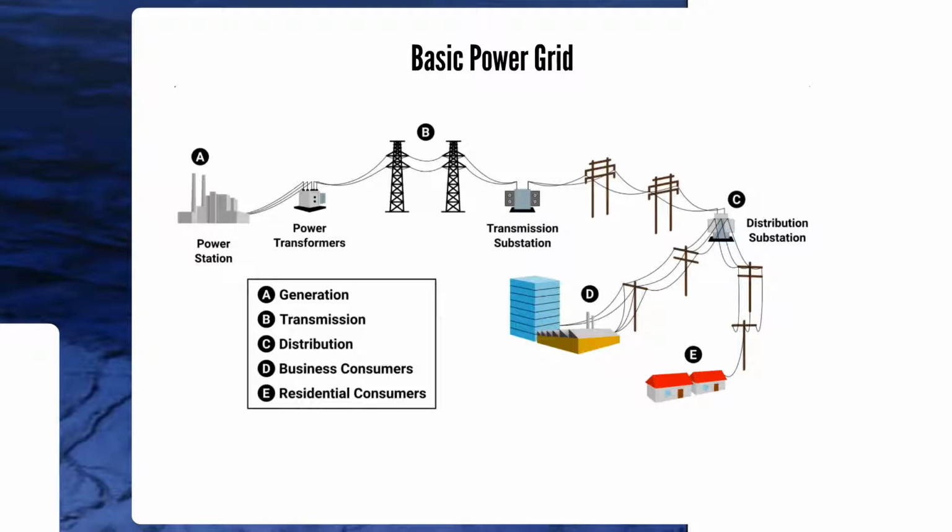Now let's go to the letter A first, generation. Now, don't be fooled by the name. We're not actually generating power, and the power that we're referring to is electrical power. It's not possible to create or destroy energy, so therefore it's also not possible to create or destroy electrical power either.